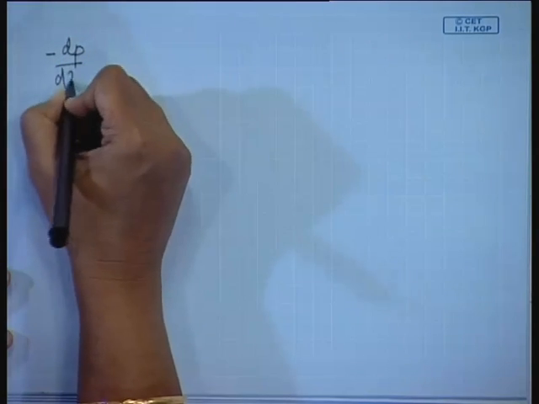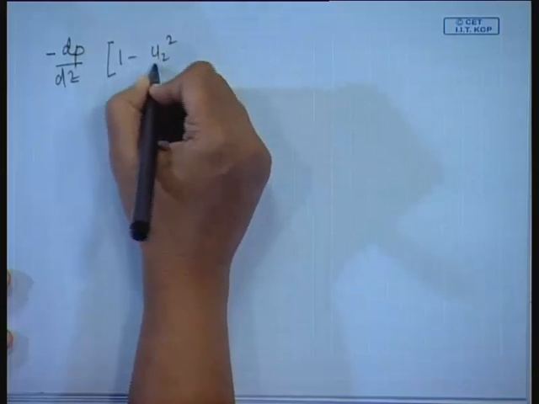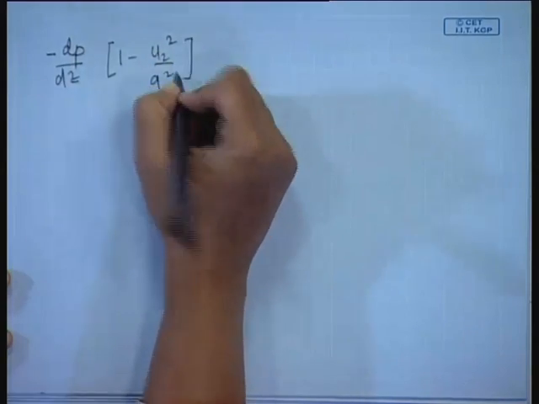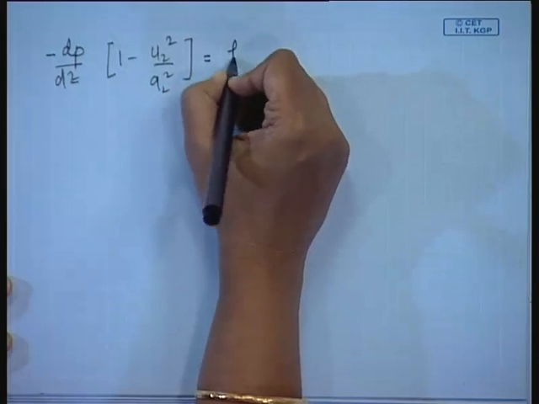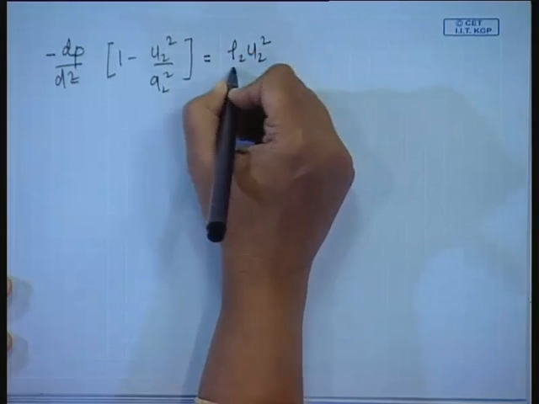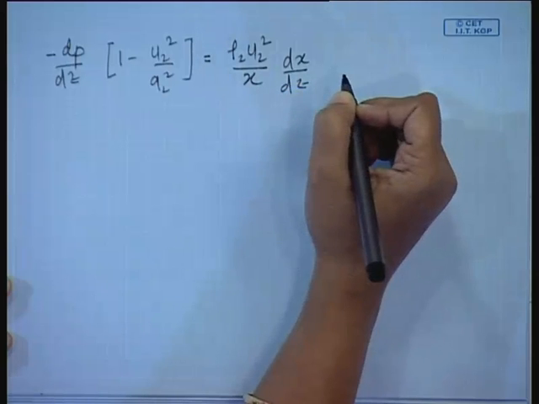Now, if I substitute this particular equation here for phase 2, then what do I get? If you remember that equation, it was minus dp dz into 1 minus u 2 square by a 2 square. This will be equal to rho 2 u 2 square by x dx dz.